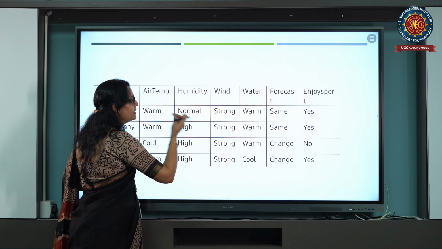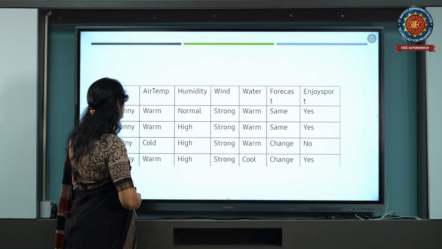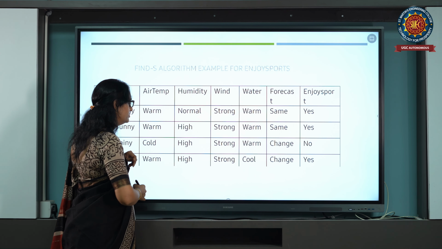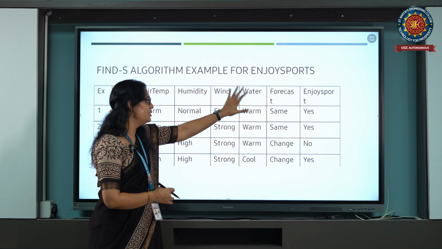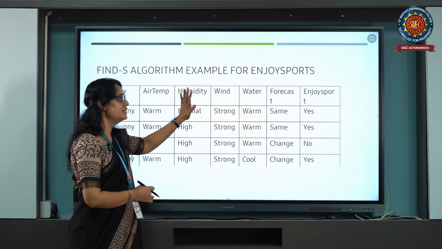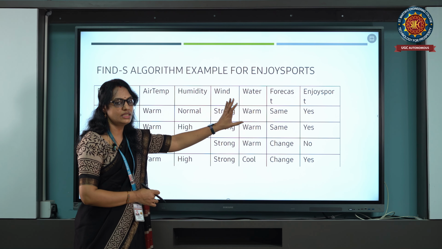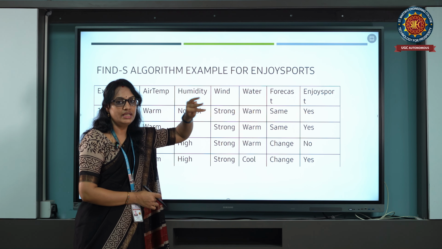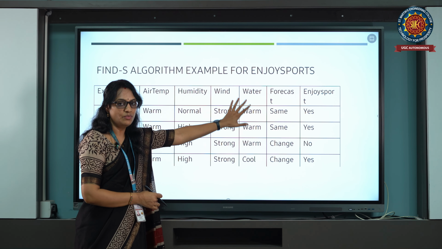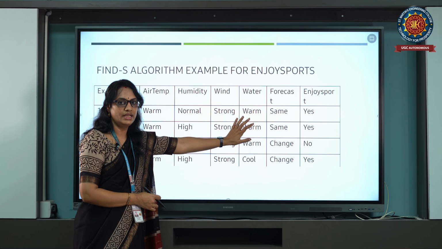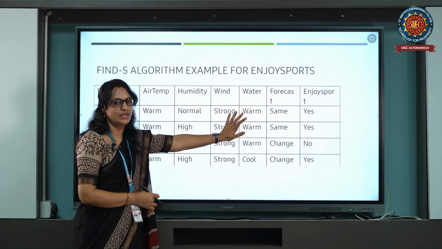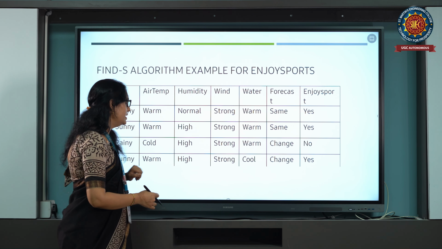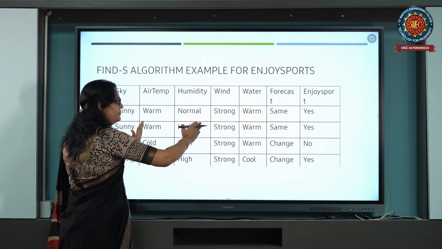We are going to apply the Find-S algorithm here. So I am taking this table. It contains the 6 attributes: sky, air temperature, humidity, wind, water, forecast, and enjoy sport. In enjoy sport, we have 3 yes and 1 no. 3 yes means positive examples, 1 no means a negative example. Here I have taken the features for each attribute.